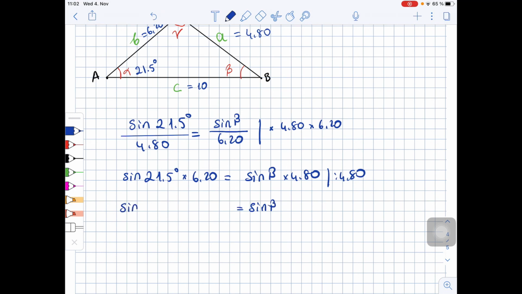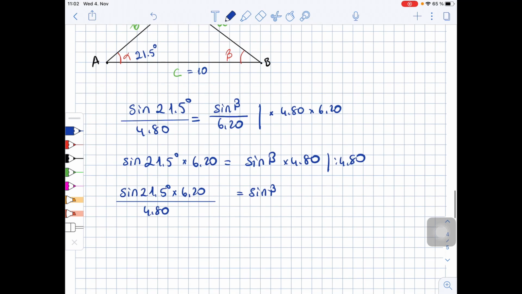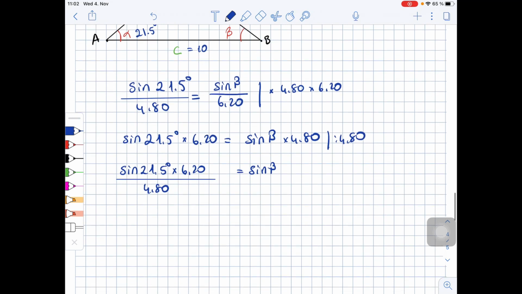So sine beta equals sine 21.5 degrees times 6.20 divided by 4.80. But I'm looking for beta. What I'm going to use, again, is arcsine.